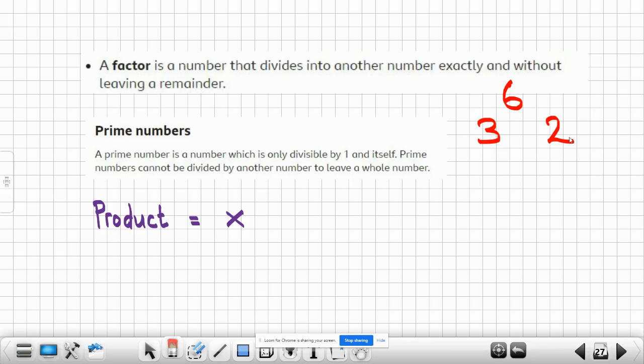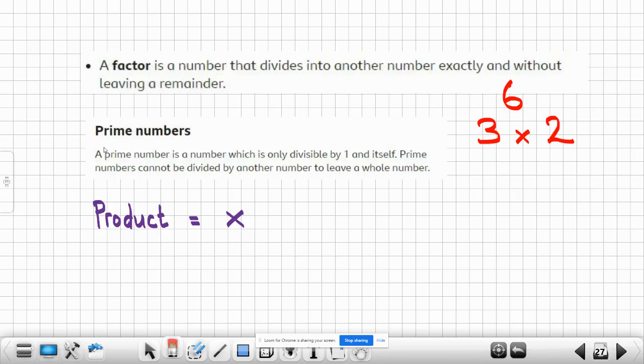And we can divide 6 by 2 and it will divide exactly with no remainders. So both of those are factors of 6. If we multiply them together, we get 6. So that's a factor, a number that goes exactly into another number, leaving no remainder.